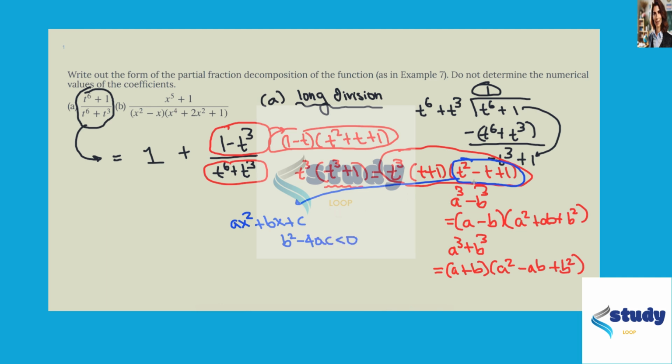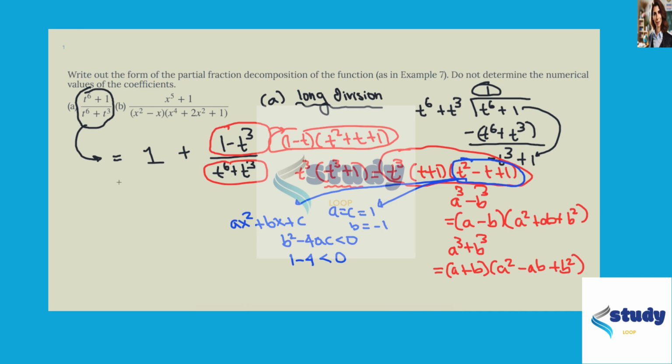In our problem, for this polynomial, we see that a and c are both 1, and b is minus 1. So plugging in a, b, and c into this inequality, we have 1 minus 4, and that's less than 0. So this means that this quadratic doesn't factor.